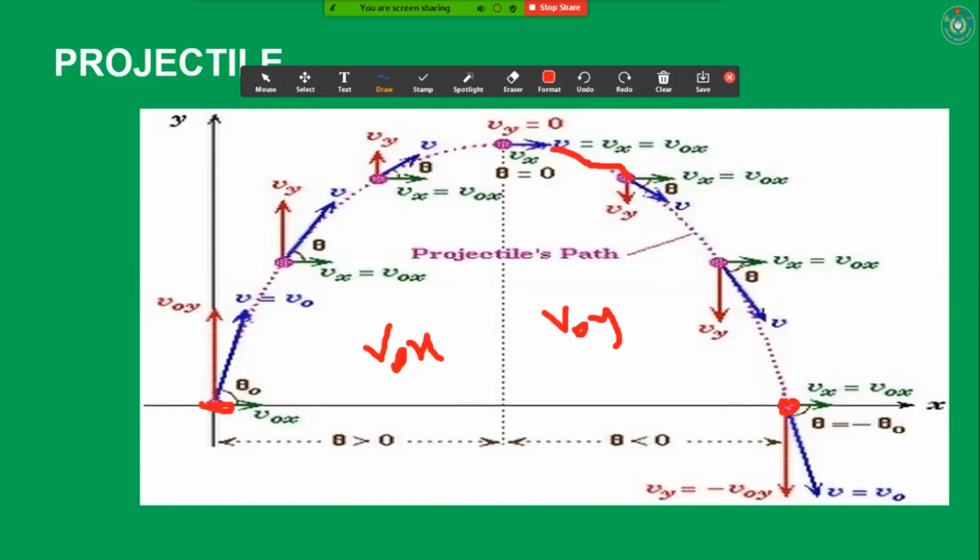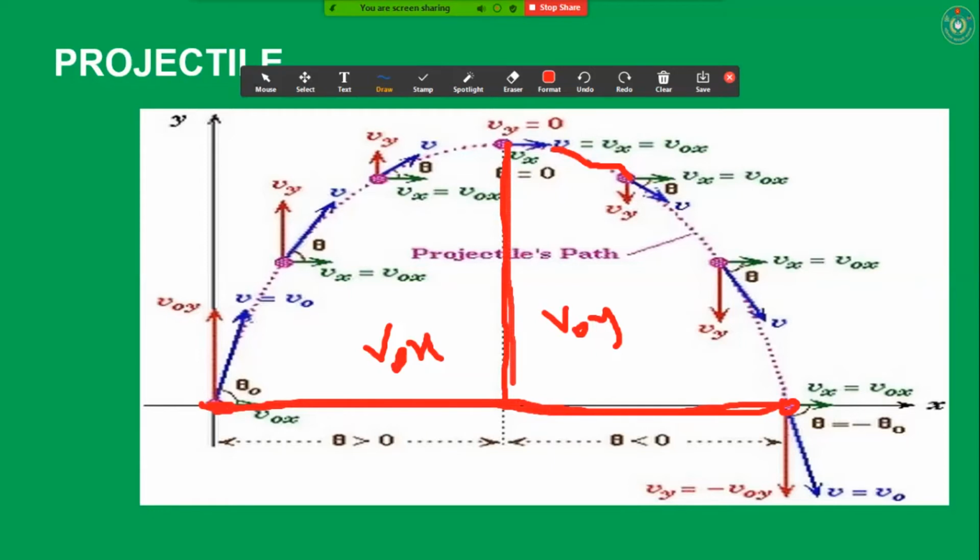In between the terminal and initial points, the ball covers some distance. This distance is called horizontal range. The time required to reach the maximum point is called ascending time, and this time will be equal to the time to reach the ground.